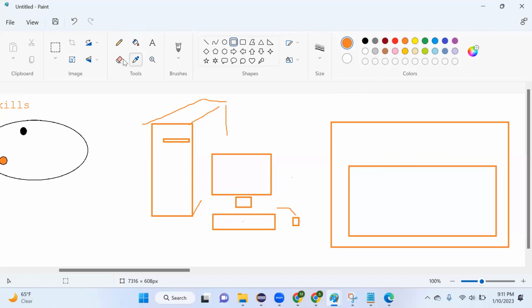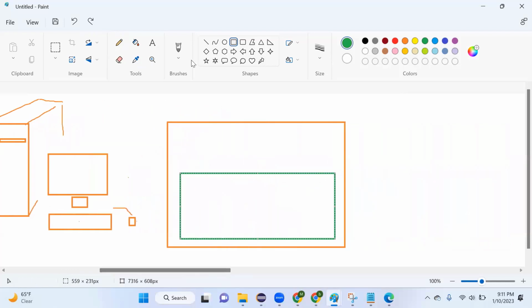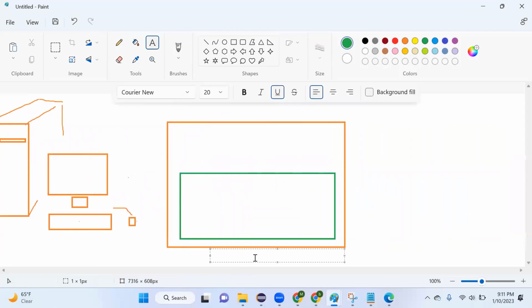What is that board's name? This is called the motherboard. Yes. So this is the motherboard, or somebody says main board.